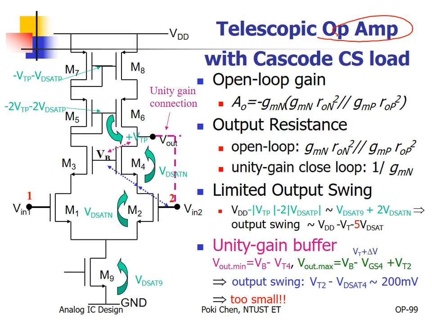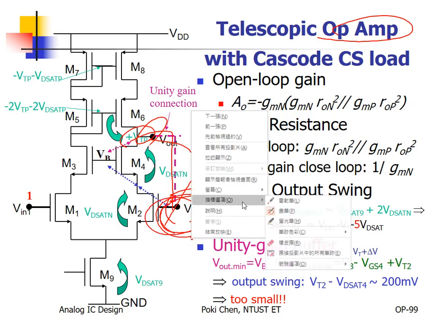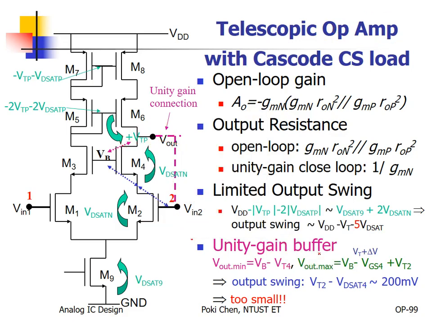To be a voltage buffer, you need to connect your output back to your negative input, right? Okay? In such a way, you need to be very, very careful here, with such kind of unity gain connection.